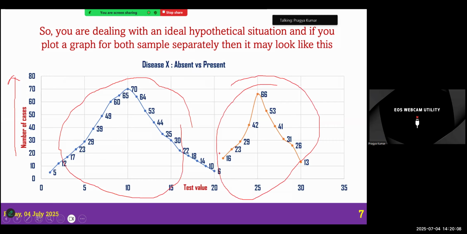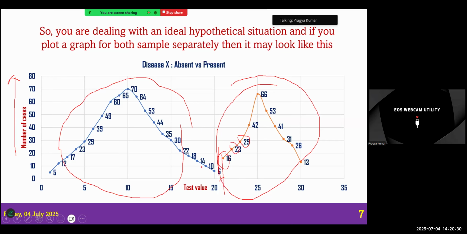This is my cutoff, which is 22. These are the numbers of people: 16 people, 23 people, 29 people. This is how I am plotting the graph. So there is a clear-cut demarcation and there is no overlap.